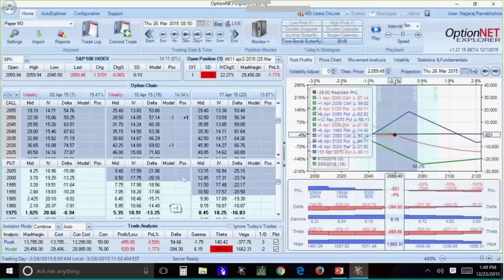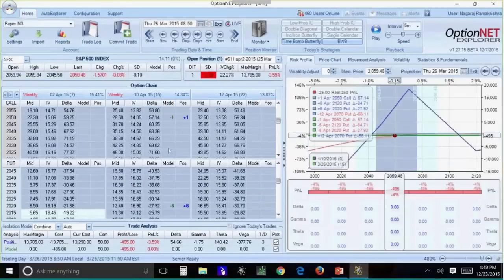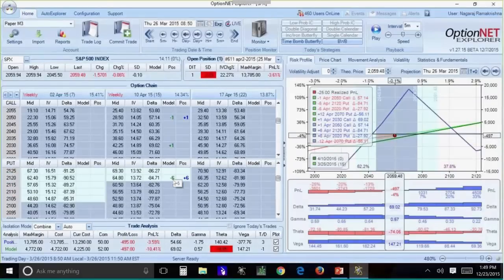No, doesn't look right. Just clear it up and redo it. 2030.